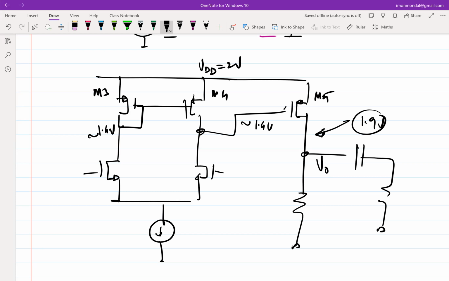An argument can be made that when you put things in negative feedback, if the two arms of the first stage difamp are not identical, then in order to make the output track the input, this voltage has to move, and this voltage has to move, which means this voltage cannot move as is. The input has to split.